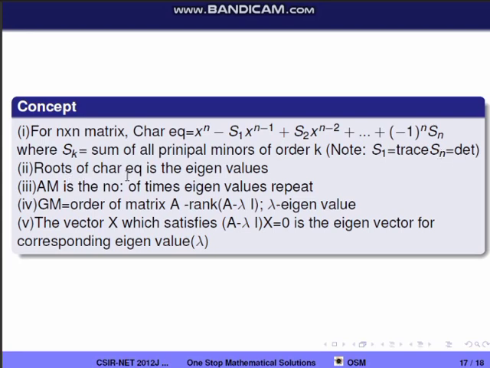The roots of the characteristic equation are the eigenvalues. The algebraic multiplicity of an eigenvalue is the number of times the eigenvalue repeats. The geometric multiplicity is equal to the order of the matrix minus the rank of A minus lambda I, where lambda is the eigenvalue. And the vector x which satisfies (A minus lambda I)x equal to 0 is the eigenvector for the corresponding eigenvalue lambda. So now let us proceed to the question.